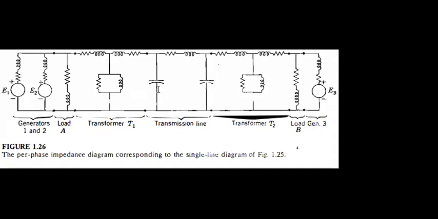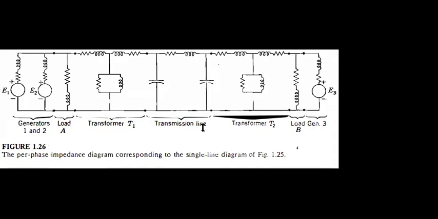So this is the impedance diagram, right? All the resistance, and you have the capacitance as well as inductance in series. So all the information is there. This is the total picture.